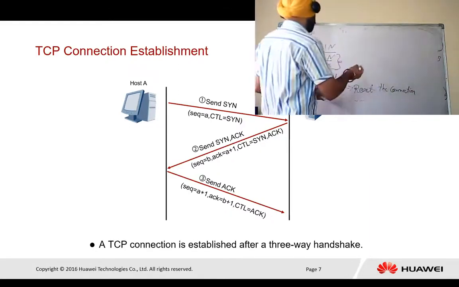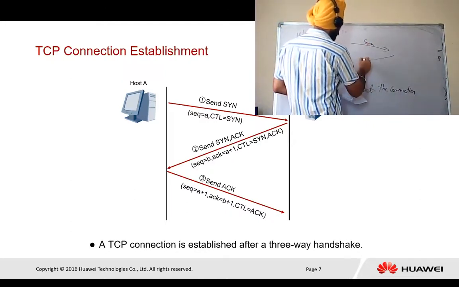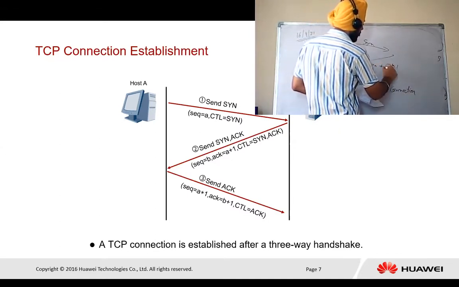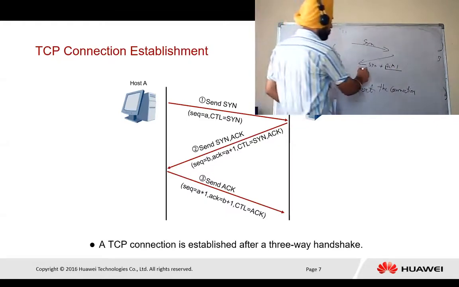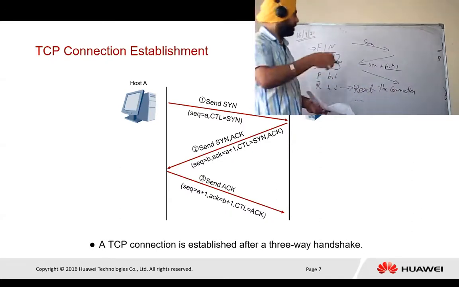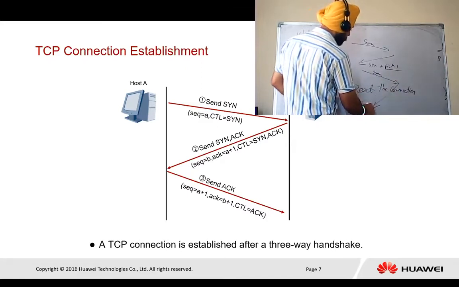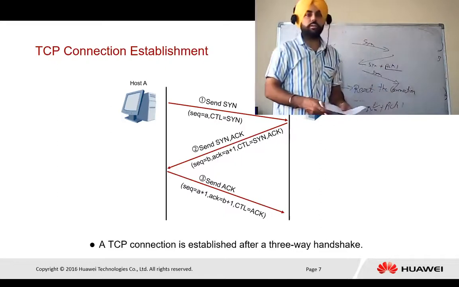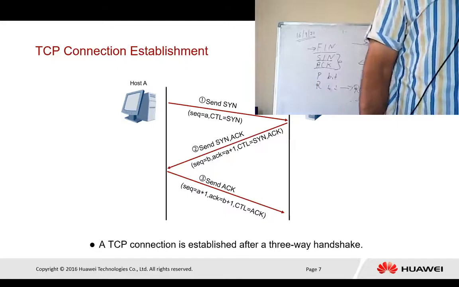We already discussed, first it will send SYN, then it will add SYN plus ACK, with 1 added at the end of the sequence number. Then after that, if they again want to communicate with the destination, again they send the SYN packet, and again it will send SYN plus ACK 1. So this is all about the TCP connection establishment.